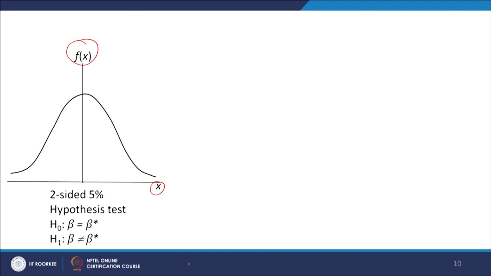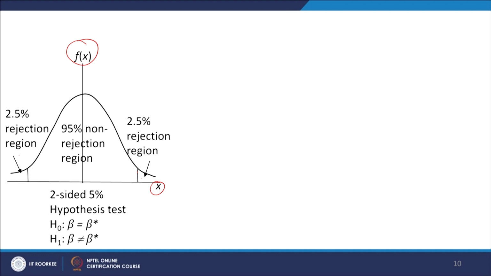If it is a two-sided test at 5% level of significance, then we divide the 5% between both sides, so we have 2.5% at each side. So, this is a 2.5% rejection region and this is another 2.5% rejection region, and in the middle we have a 95% non-rejection region, and I calculate the test statistic under the null hypothesis.